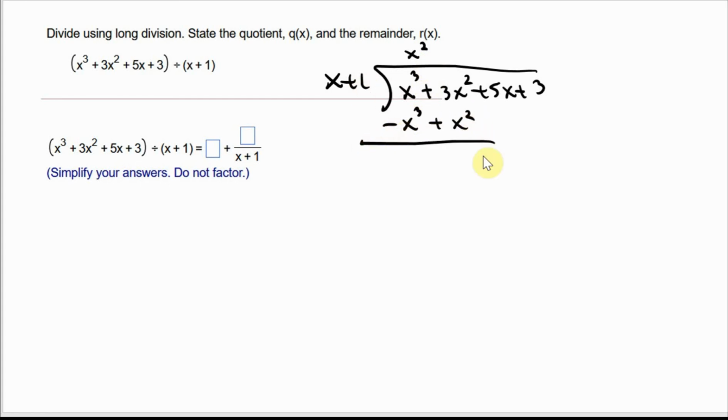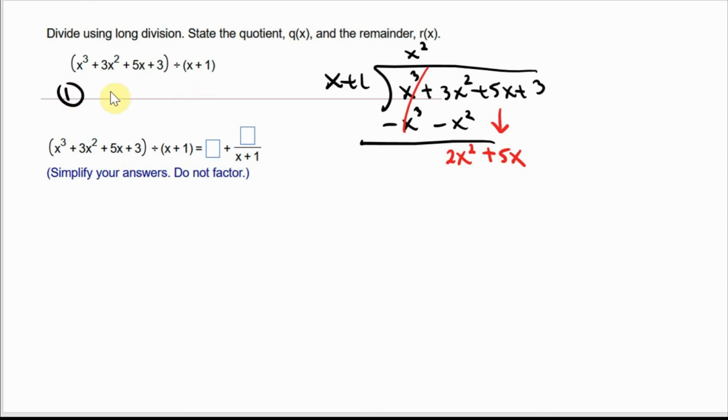Draw a line, subtract. So here, these terms cancel. That's fine. 3x squared minus x squared is 2x squared, right? Bring down the plus 5x.